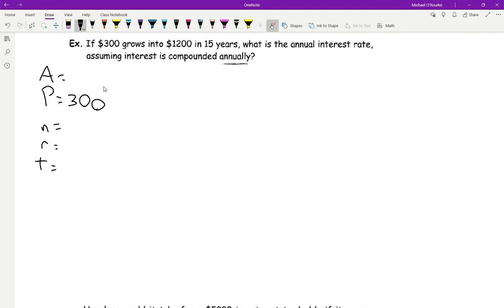What's that 1,200 represent then? Yep, your A value. Good. What's my n value in this case? How many times is it compounded per year? If it's annually, 1. Good.